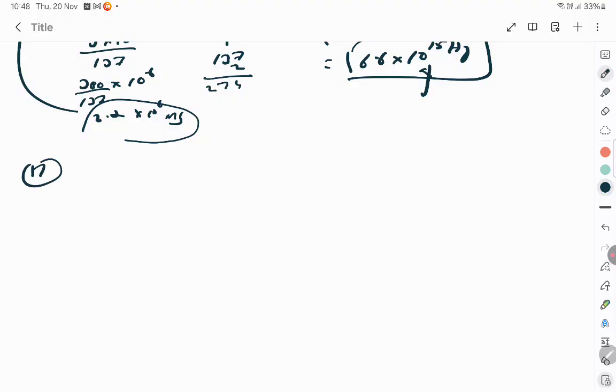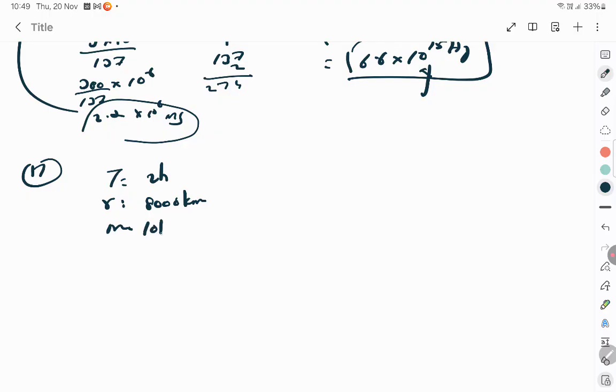17th question. A 10 kg satellite circles Earth once every 2 hours. So time period is 2 hours, revolving once every 2 hours, and having a radius of 8,000 kilometers.